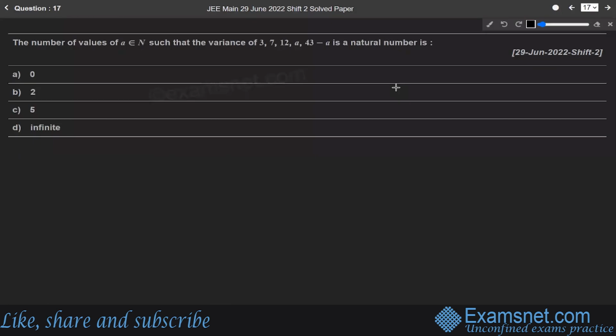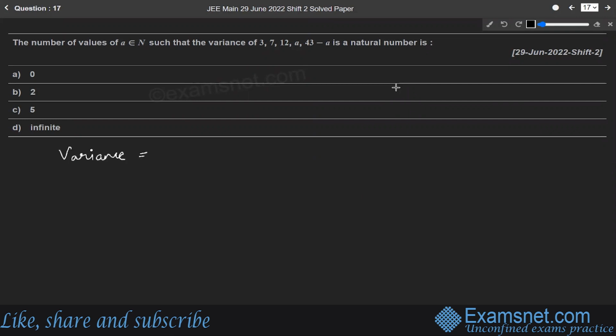Next question is: the number of values of a belonging to N such that the variance of 3, 7, 12, a, 43 minus a is a natural number is. So we have to find the variance of these given terms. What is the basic formula to calculate the variance?